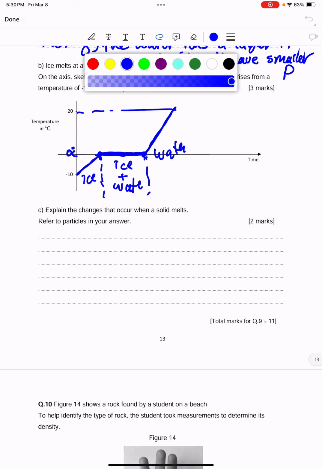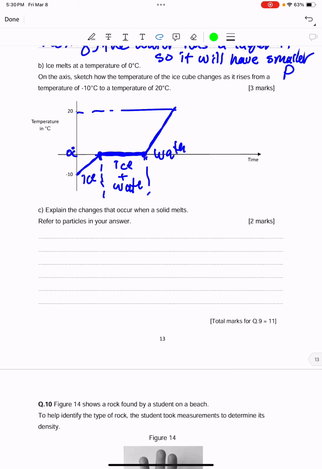So we're talking about this part, when we don't have any rise of temperature. What's happening? That's the question: explain the change that occurs when the solid melts.